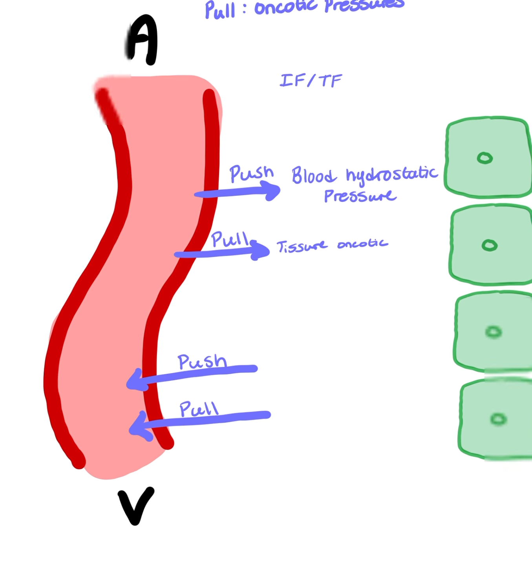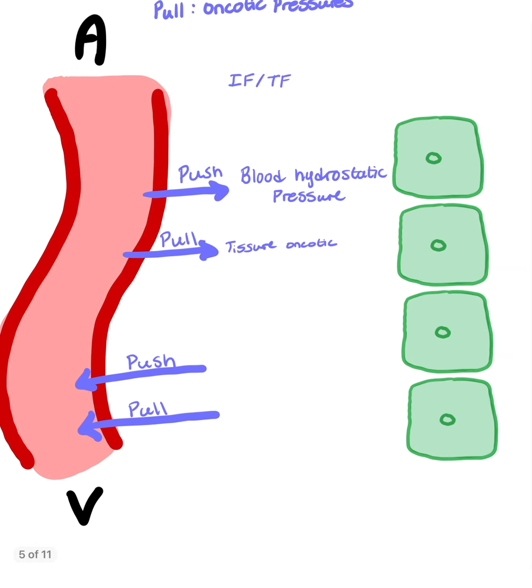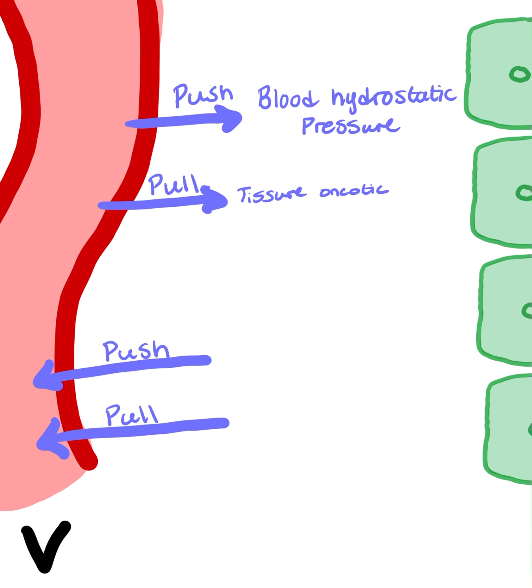On the venous side, we're talking about fluid leaving that interstitial space. So the cells have now received nutrients from that interstitial space, but now we need to get rid of that waste. So on the venous side, there's going to be a push method. This is going to be that tissue hydrostatic pressure. So notice that anytime it's hydrostatic pressure, it is going to be a pushing force.